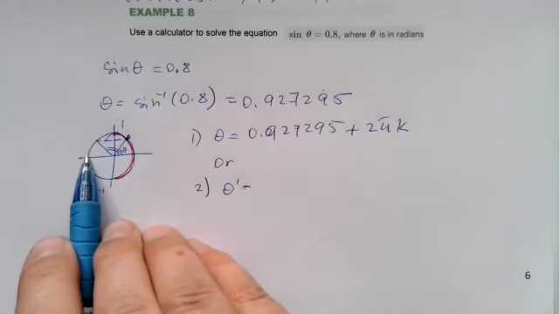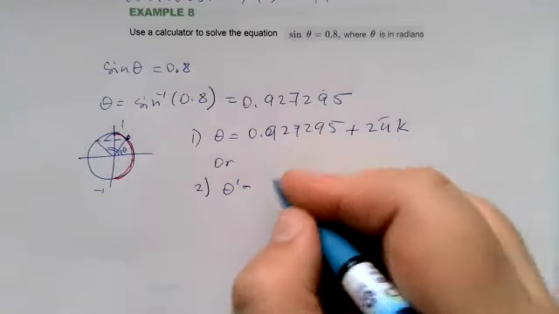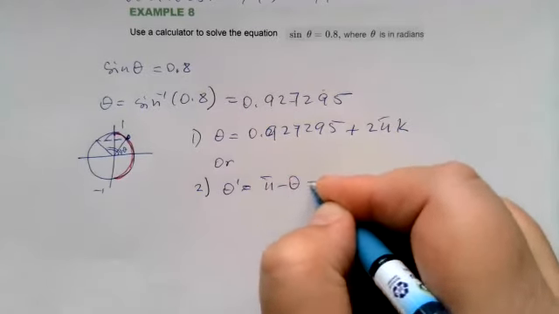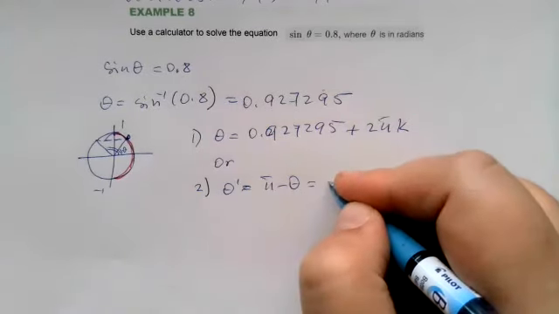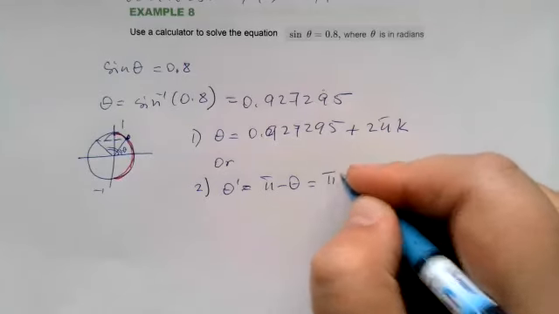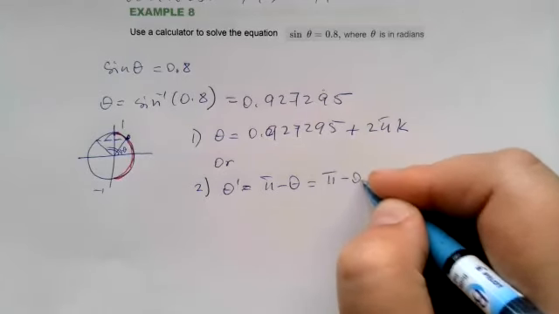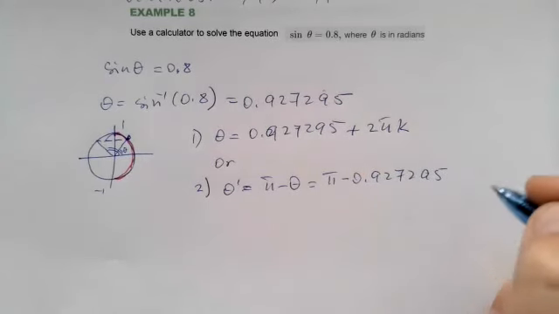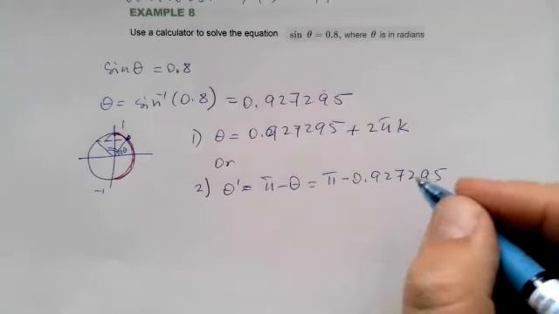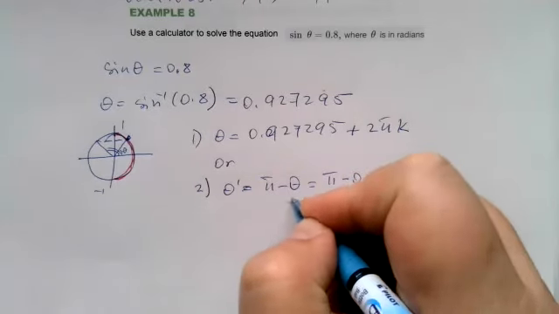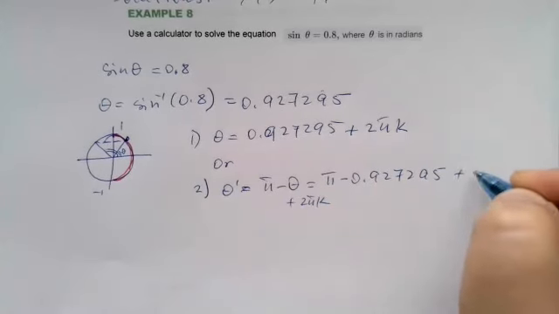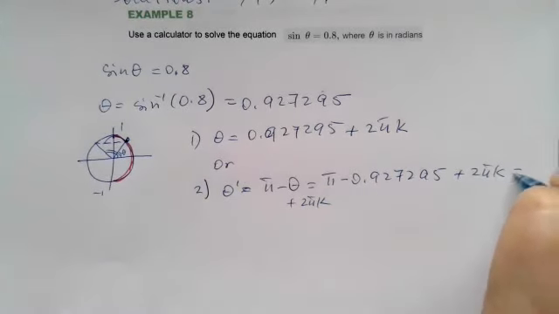So that's gonna be pi minus theta, which is pi minus 0.927295. And also we can add plus 2 pi k. We're adding the 2 pi's on top of it, the circles around.